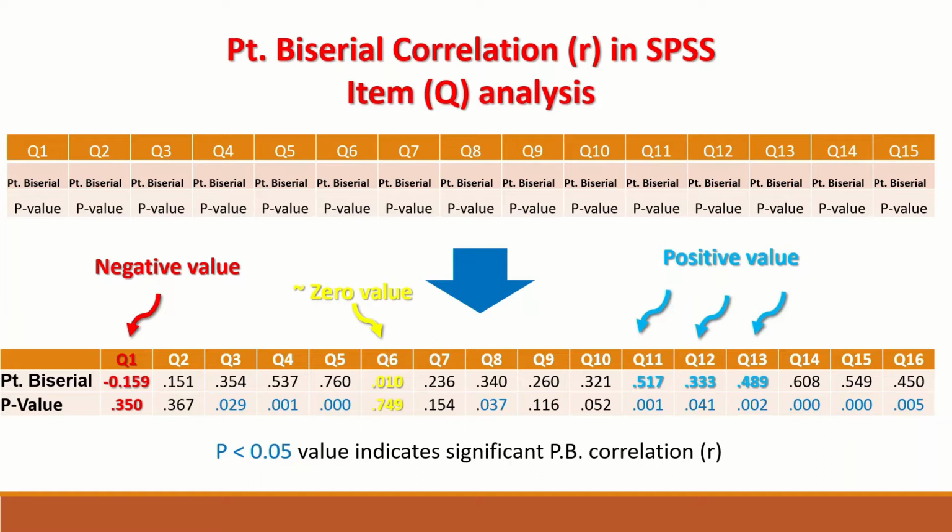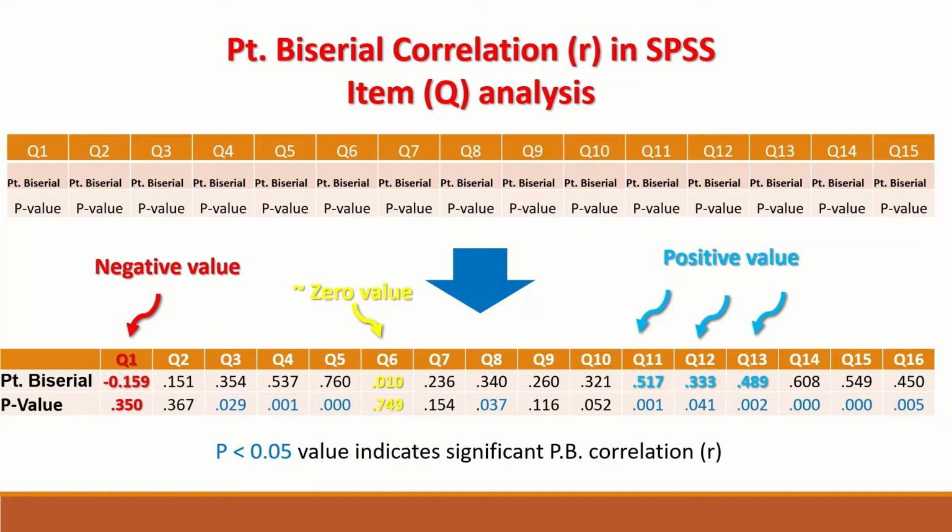Q12 is also a good question, as its value is 0.33 and the p-value is less than 0.041. The same for question number 13. We can call it a very good question as the R value is 0.48 and the p-value is very low.